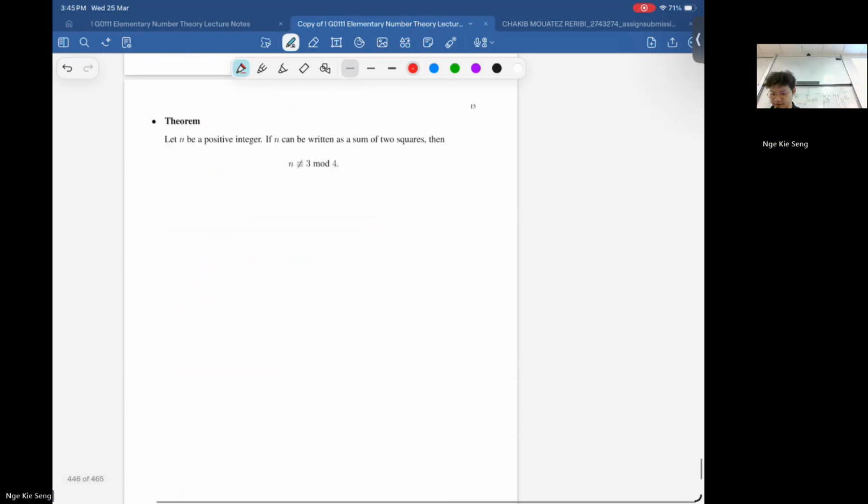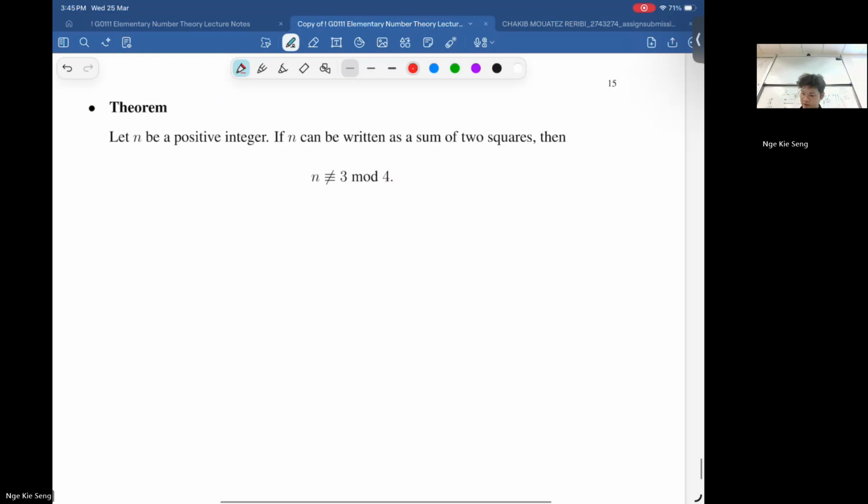So let's continue. There's a theorem here. If your number can be written as a sum of 2 squares, then it cannot be 3 mod 4. This is one of the criteria you check. If it is not 3 mod 4, it could be a sum of 2 squares.